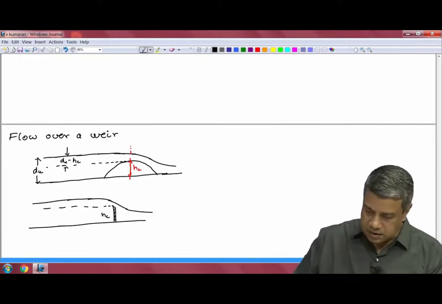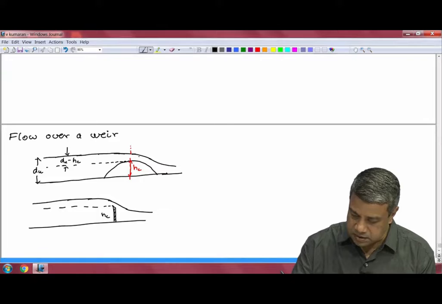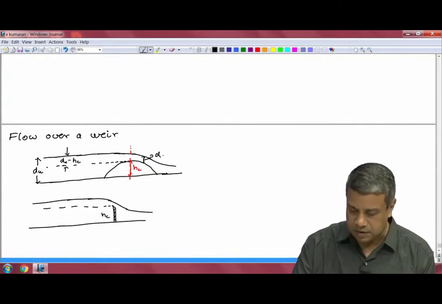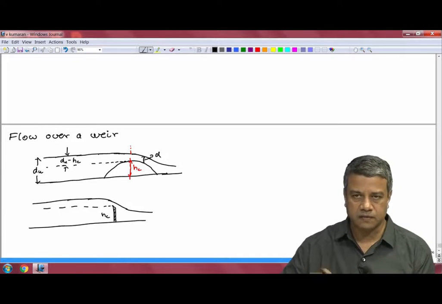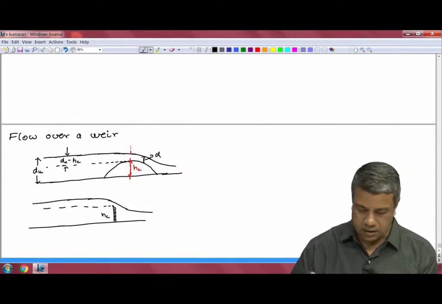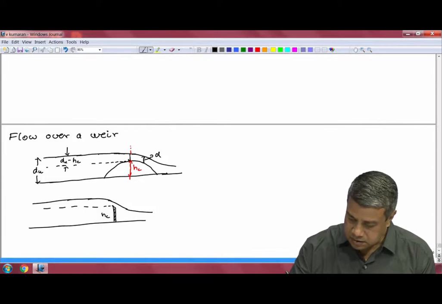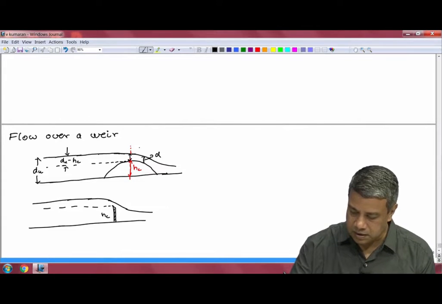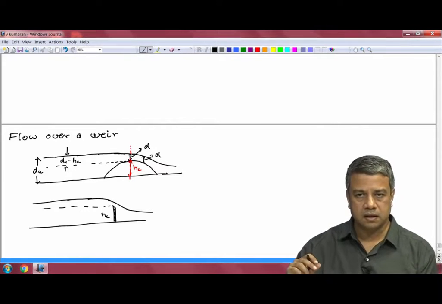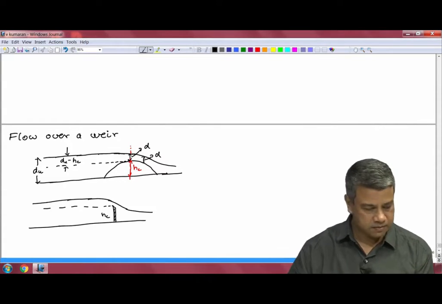And this depth at different locations I will call it as d. The depth of the water above this obstruction I will call it as d. And this is d at the location where the height of the obstruction is a maximum.